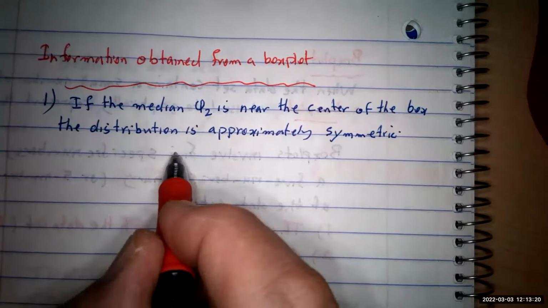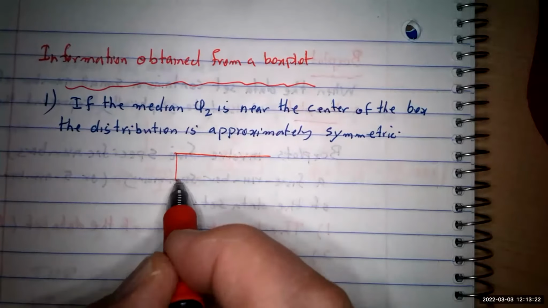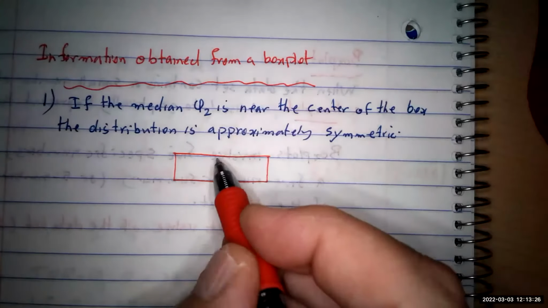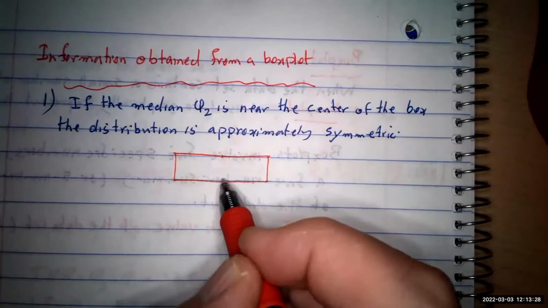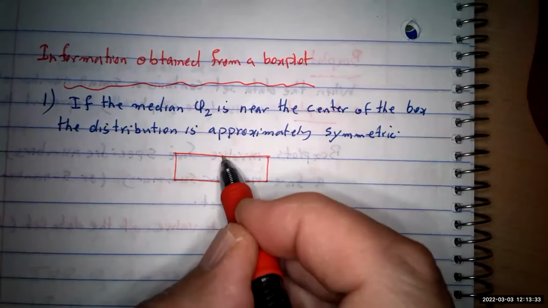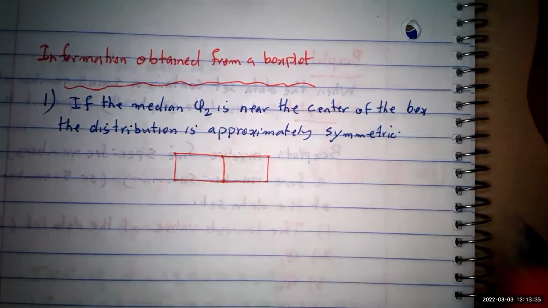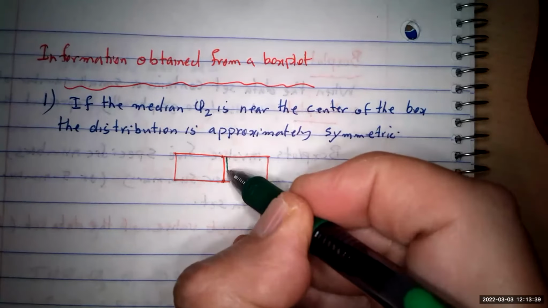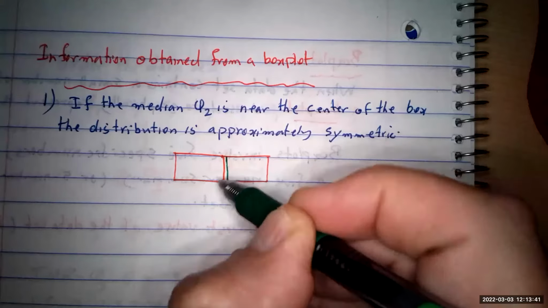So this is going to be your box in this case. You see that's a box that we're going to have. There is a center of the box. You see the actual center of the box. This is going to be the center of the box. And your median is very close to it.